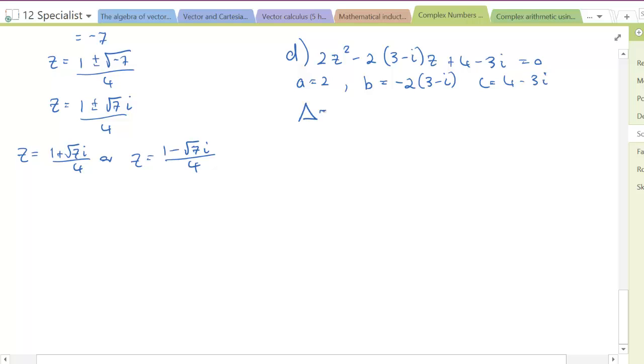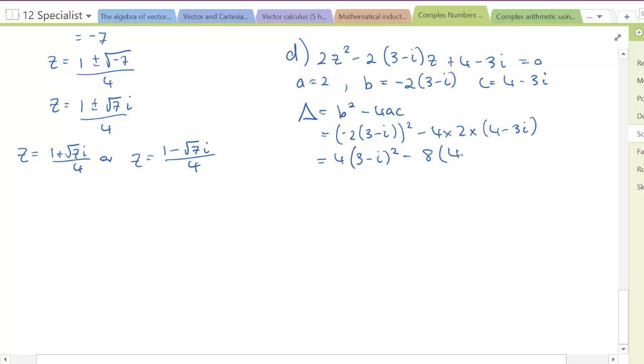So when we look at the discriminant, which is b squared minus 4ac, we get negative 2, 3 take i, all squared, minus 4 times 2 times 4 take 3i. So we get 4 multiplied by 3 take i squared, subtract 8 multiplied by 4 take 3i.